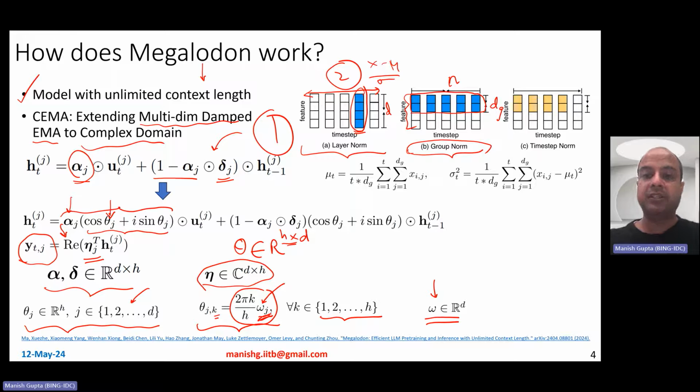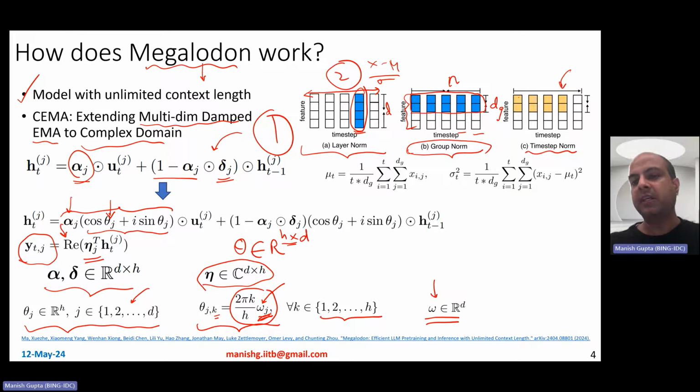when you're not in an autoregressive world. Group normalization can be done, for example, for BERT-kind of models. But in an autoregressive world, you don't have the next time steps which are yet to be generated, so you cannot really do group normalization. To extend group normalization to the autoregressive world, the Megalodon authors propose time step normalization. If I'm at this time step right now, I do group normalization up to that time step.